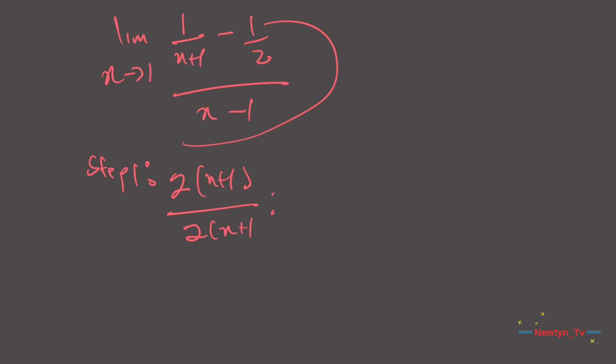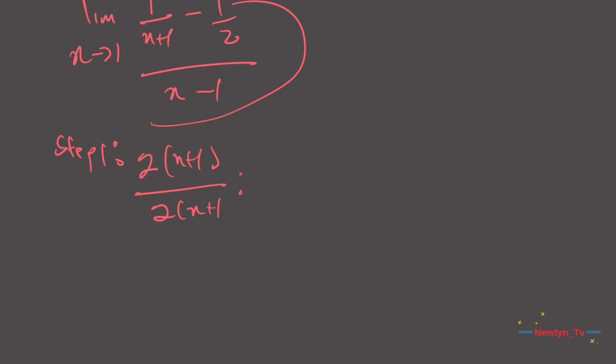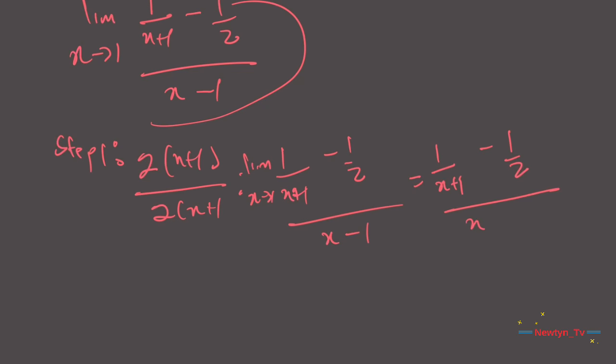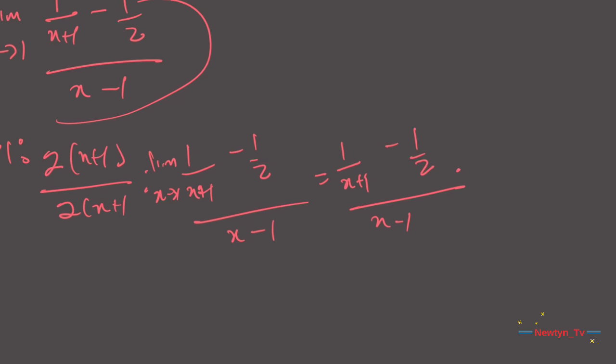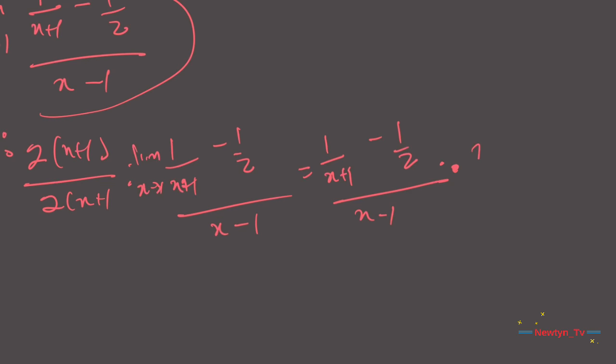Now when we do this, we should get the limit as x approaches 1 of 1 over x plus 1 minus 1 over 2, over x minus 1, multiplied by 2 times x plus 1 over 2 times x plus 1.